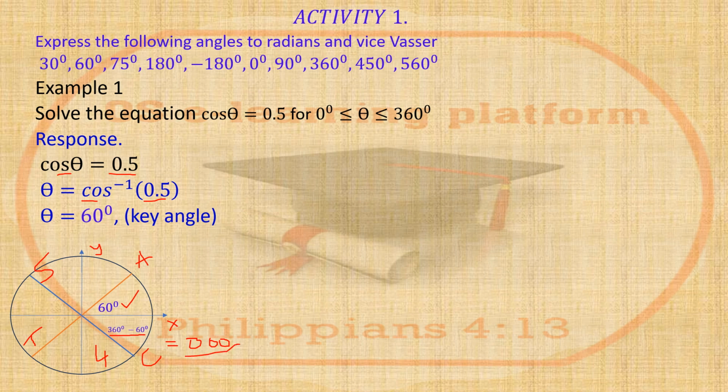This is the angle whose cos, when you press the cos of 300 degrees, you get 0.5. Meaning 300 degrees is another angle that is related to the key angle 60 degrees.